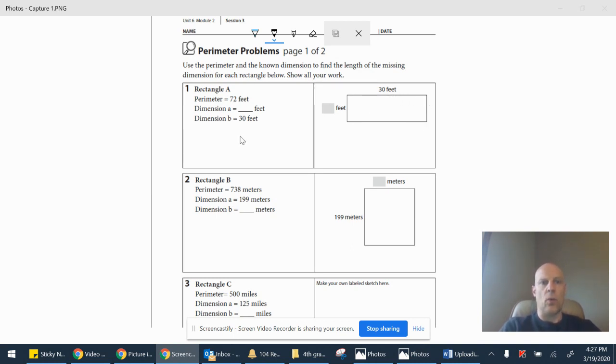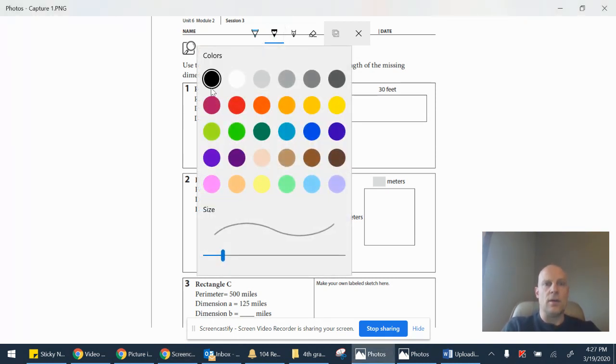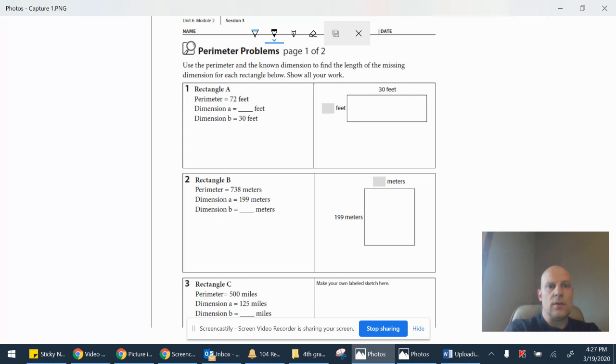So if we look at what is half of 72, that would equal 36. So this then must be, well, 36 minus 30 would give us 6 feet. So kind of two ways to look at it.